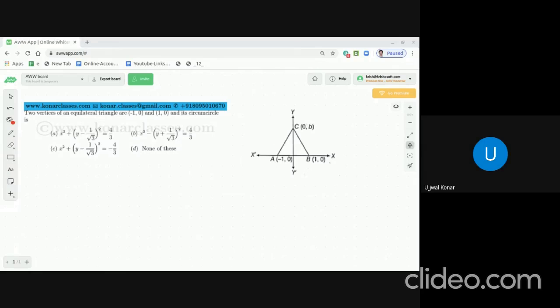So that is the third vertex, the point C. From here we need to find the value of b, because we took the coordinate of the point C as 0, b. It is very straightforward to find the value of b, because we know AC is equal to BC is equal to AB.